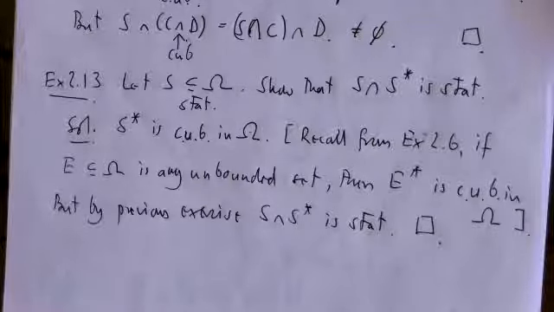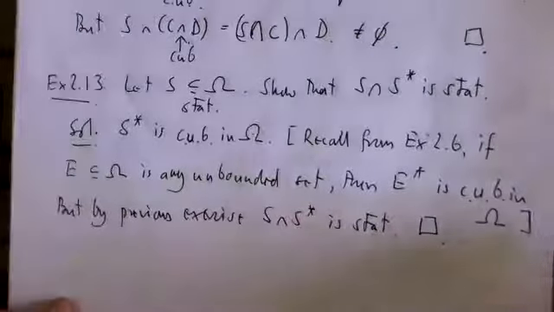We'll finish our discussion of stationary sets with Fodor's lemma, which is 219. It's on page 23. And that's as far as we'll go. So let's see what Fodor's lemma says. This is a basic property of stationary sets. So what is the setup?